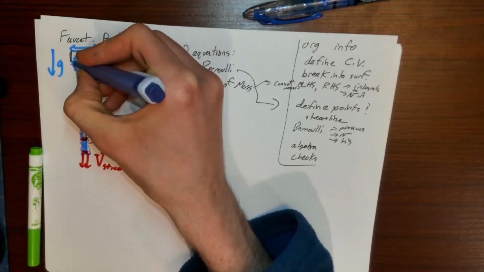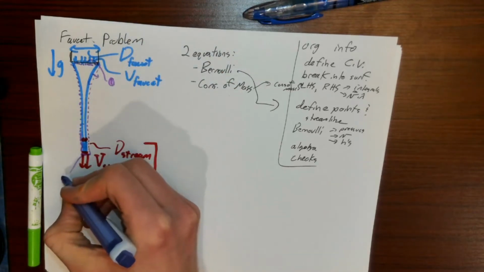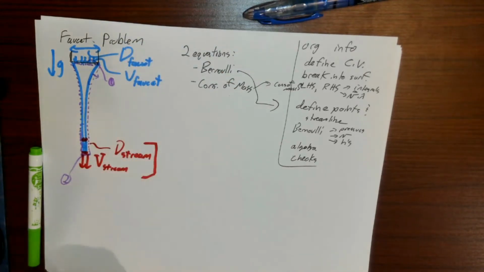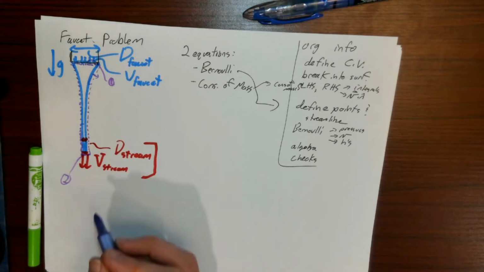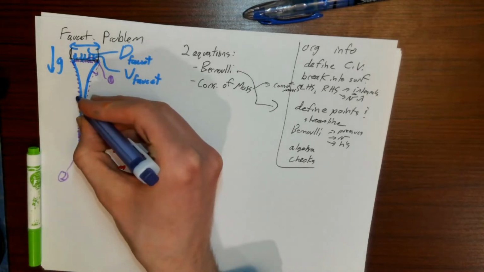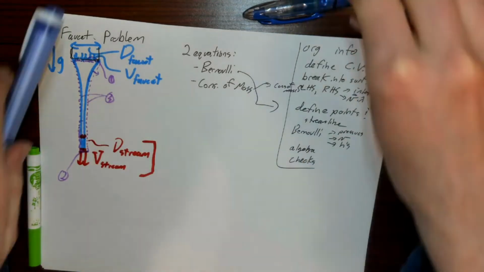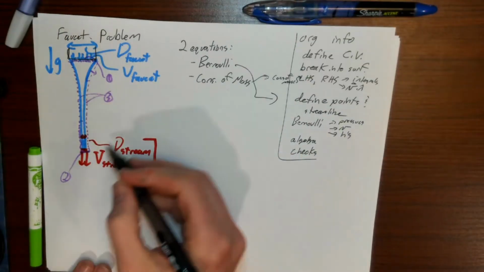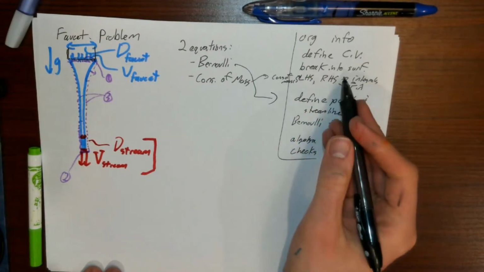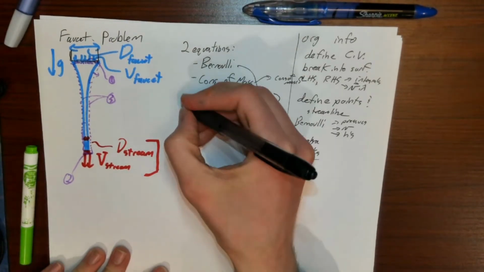So we'll call surface 1 our inlet, and we'll call surface 2 our outlet down here. So now we're essentially defining surfaces with these numbers here, and we'll call 3 everything else. So we can apply conservation of mass after we break up our integral. Let's keep track of some assumptions here.